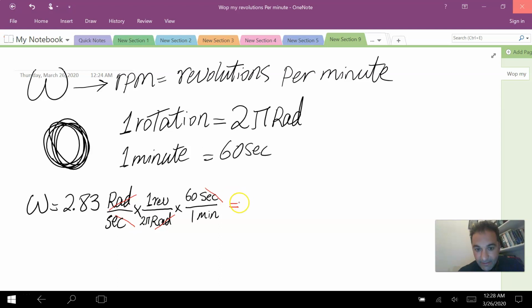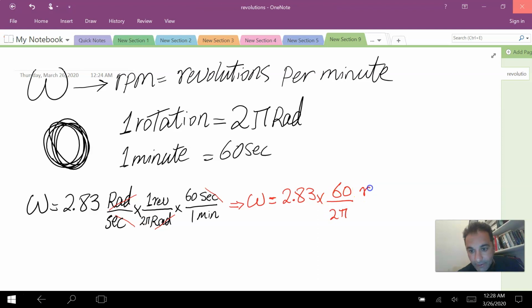Therefore, my answer becomes 2.83 times 60 divided by 2 pi revolutions per minute. Therefore, omega, this is very important. I want you to practice this problem again. So omega becomes 2.83 times 60 divided by 2 pi.